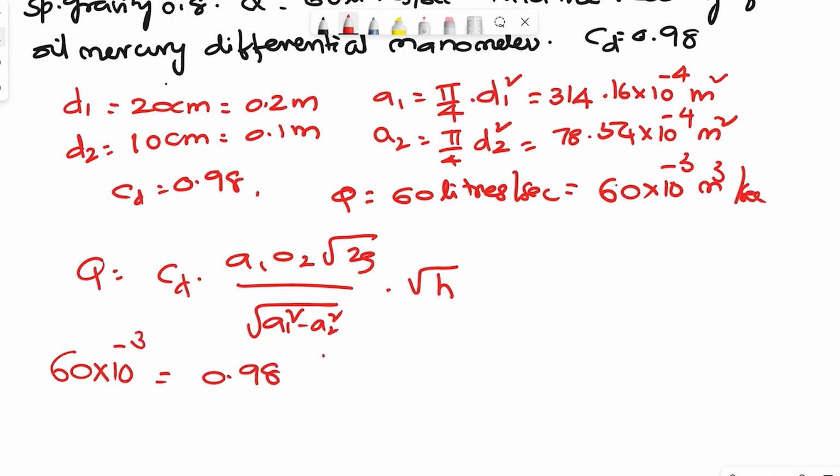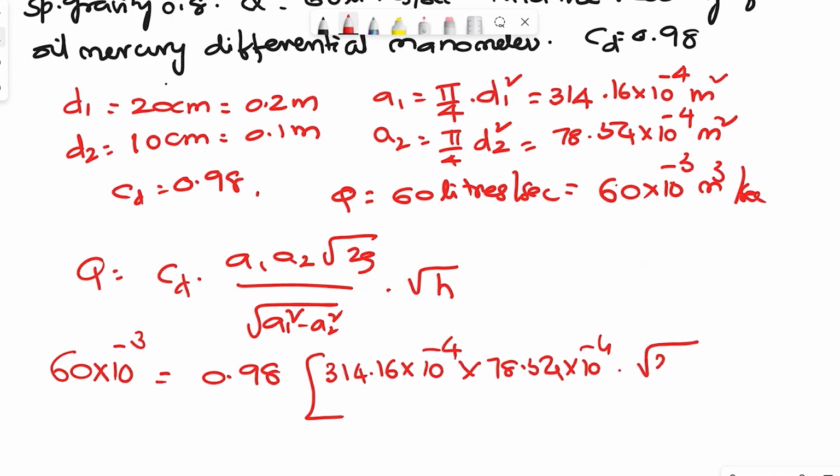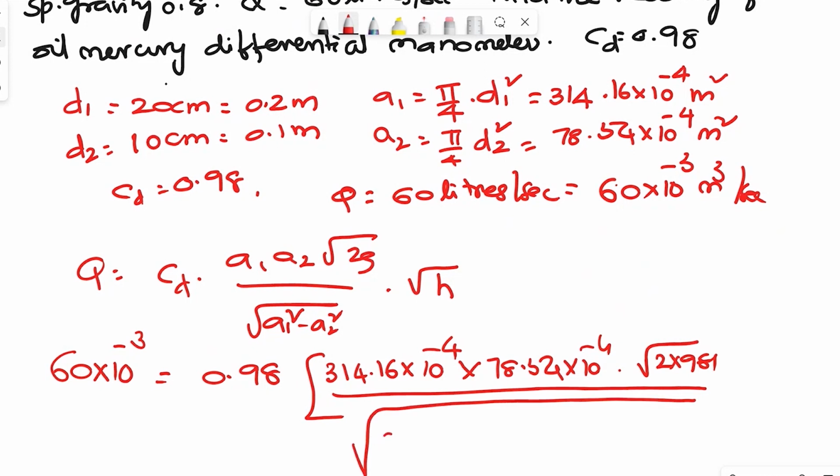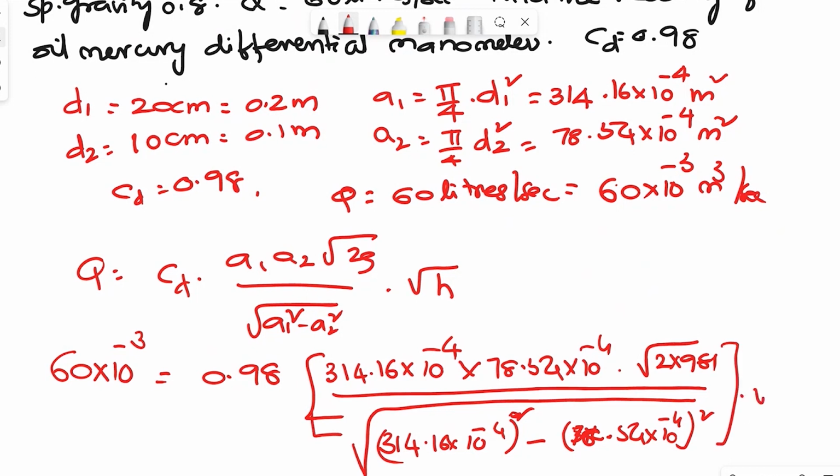So 60 into 10 to the power of minus 3 is equal to 0.98 into A1 A2, where A1 is 314.16 into 10 to the power of minus 4 into 78.54 into 10 to the power of minus 4 into root of 2 into 9.81, divided by the square root of (314.16 into 10 to the power of minus 4) whole square minus (78.54 into 10 to the power of minus 4) whole square, into root of h.